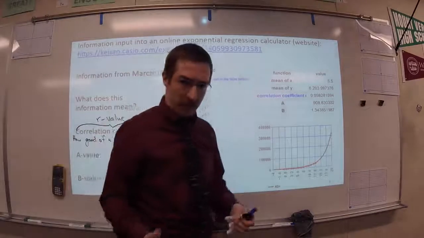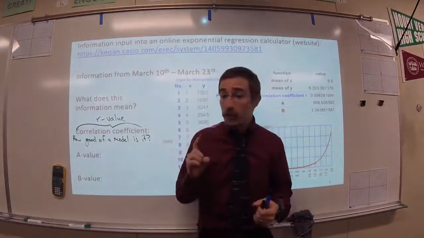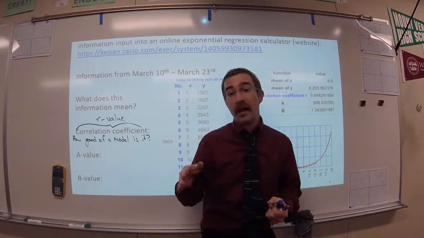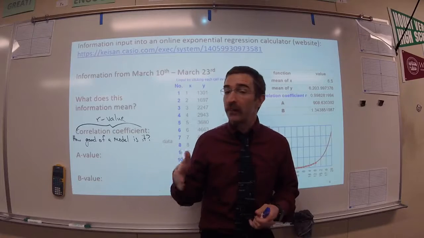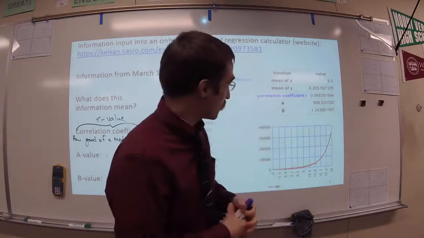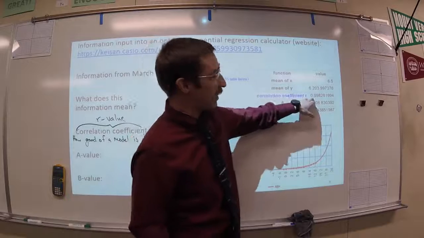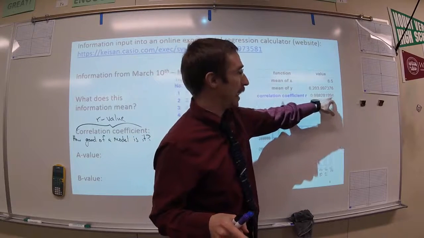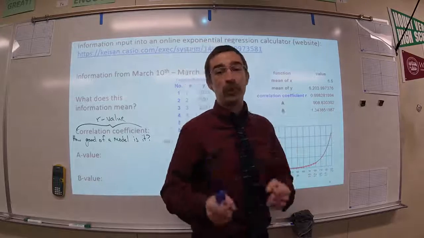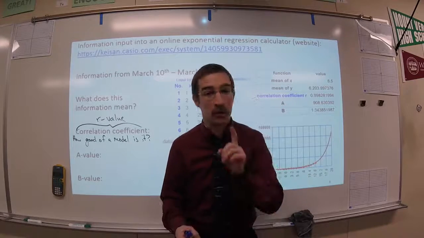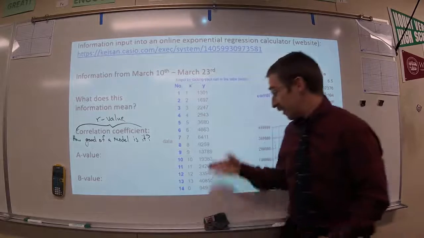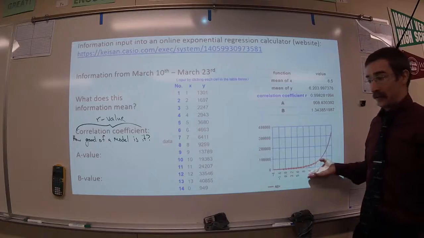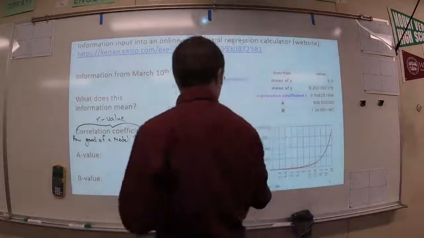If this R value is close to 1, that means it's a pretty good fit for an exponential function. So we look at this correlation coefficient, we get 0.998281994. That is really, really close to 1, which means this data is following a very exponential pattern.